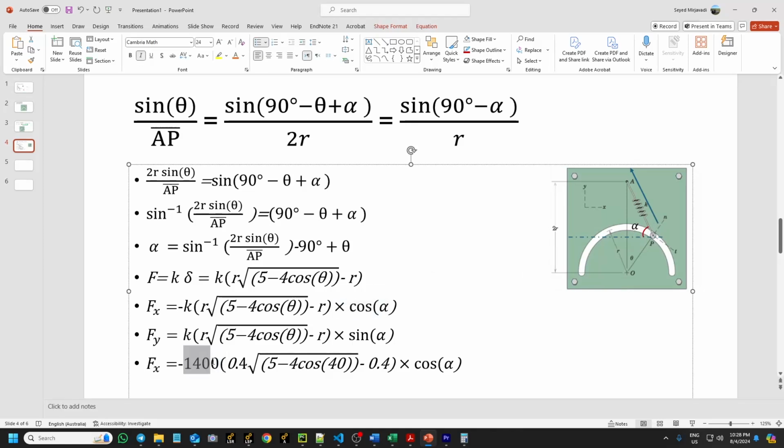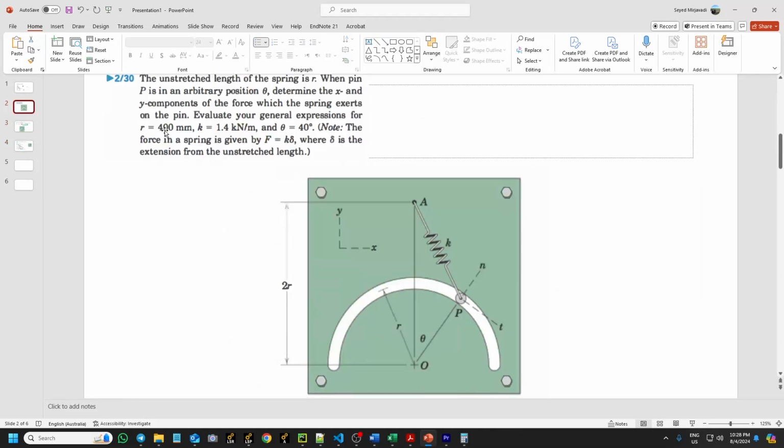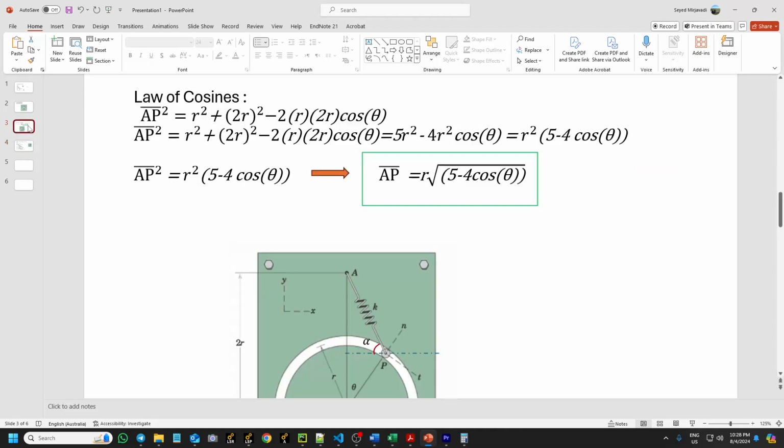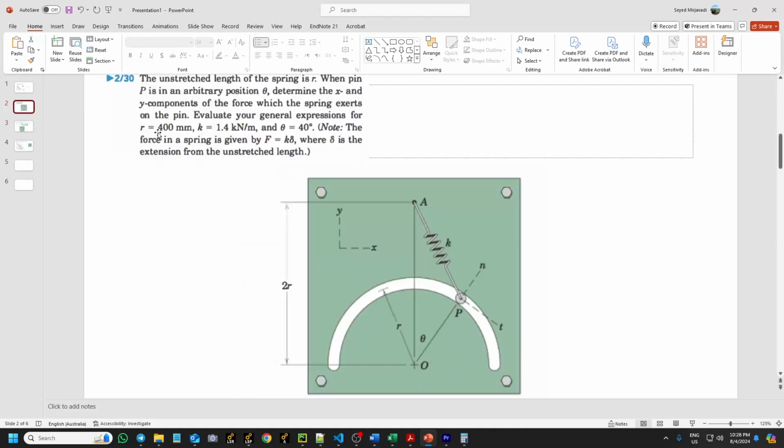In the question it says that the stiffness is 1.4 kilonewton, which is equal to 1400 newton per meter. K here means 1000, and r is 40 centimeters, I think, or 400 millimeters, which is equal to 0.4 meter in SI unit.